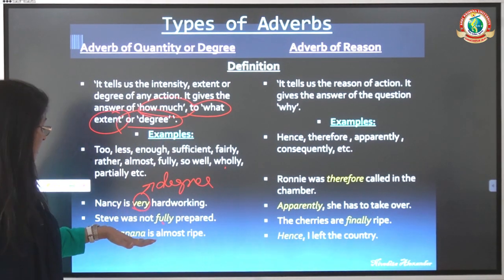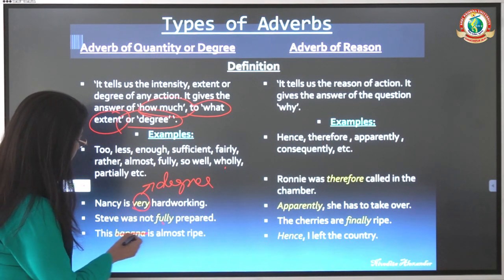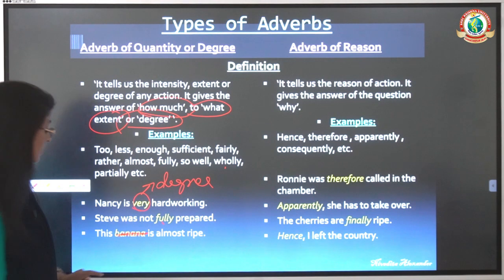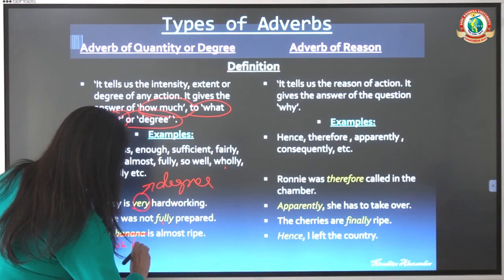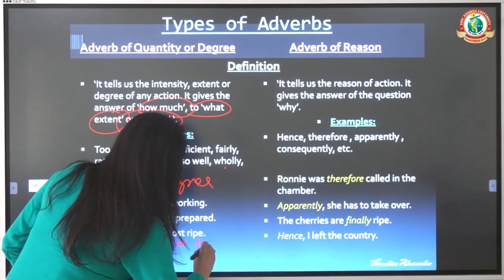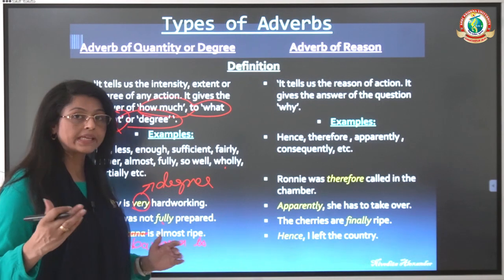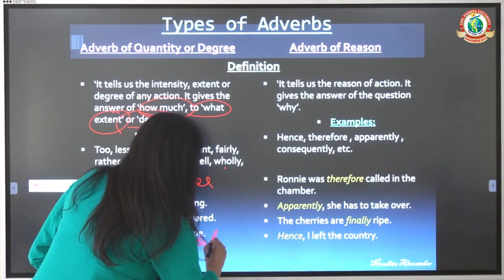This banana is almost ripe. Now, what will be the adverb here? This banana is how much ripe? Completely ripe, fully ripe, less ripe? Almost.